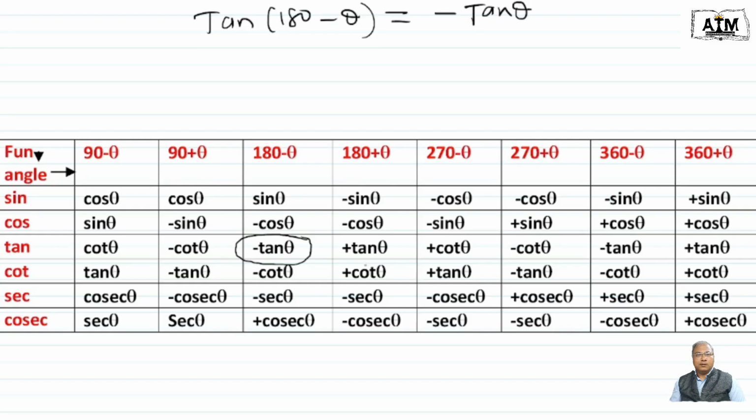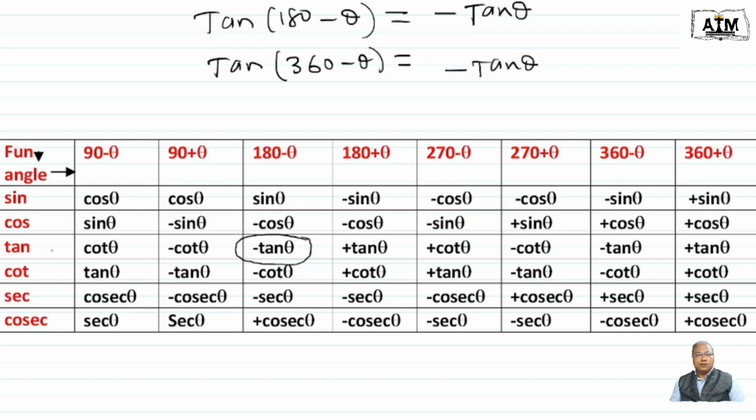Is there any other possibility where tan theta is negative? Yes, you see, tan of 360 minus theta is again minus tan theta.